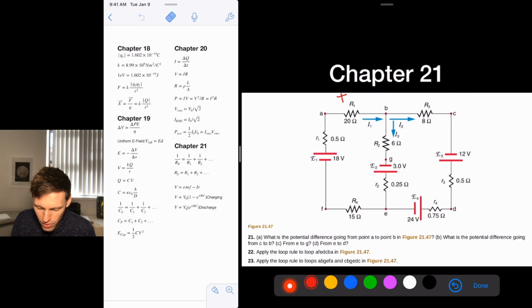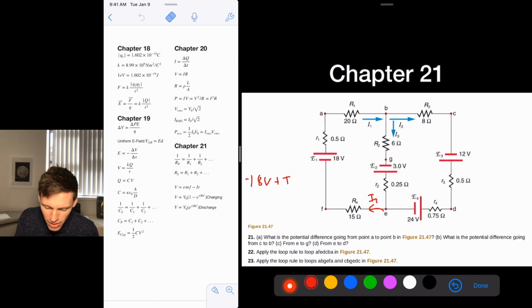Apply the loop rule to A, B, C, A, F, E, D, C, B, A. What is the loop rule here? The loop rule is just adding up all the voltage drops around this loop. We've got 18 volts, and if we go from A to F, we're going this way. We start with minus 18 volts, and then plus whatever I1 is there, I1 coming back this way too.